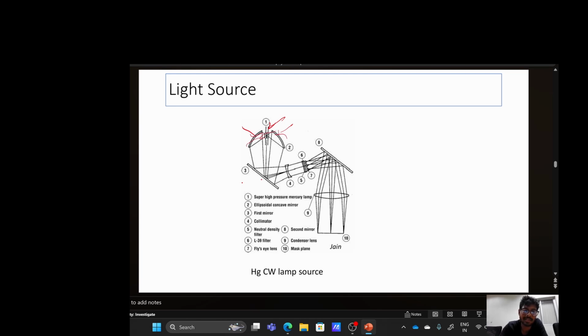After that, a collimator makes it parallel, and then with a set of lenses and mirrors the light falls parallel on the substrate. This is used in most lithography tools.